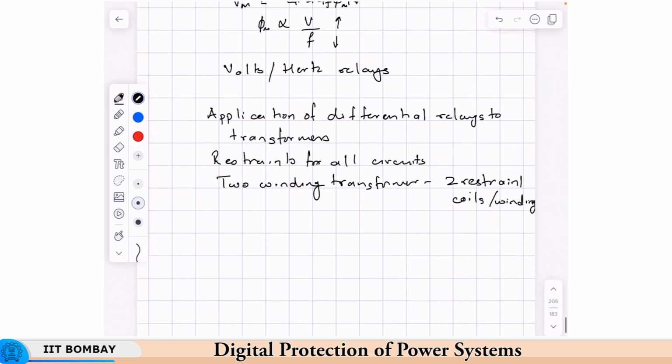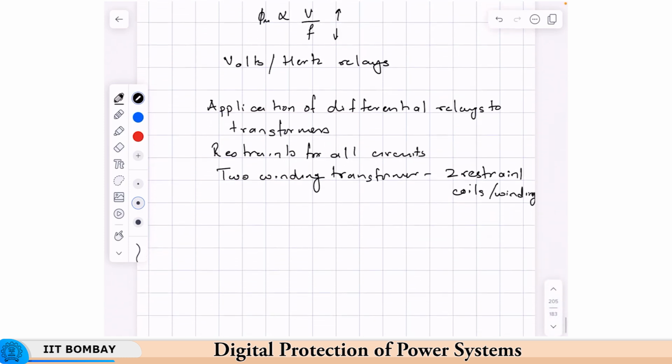So there are 2-3 fundamental principles that we need to keep in mind.